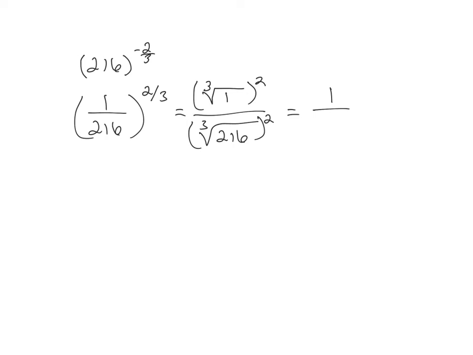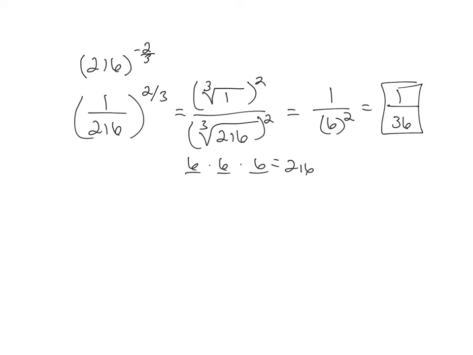But all right, the 3rd root, what times what times what equals 216? And that's one that I said would be good to remember. So we have 6 squared, 36.